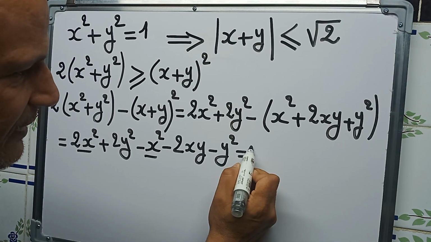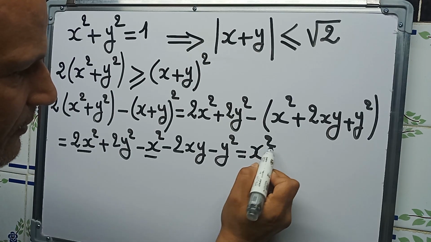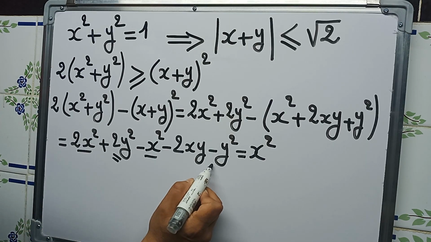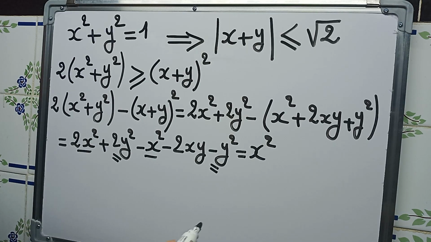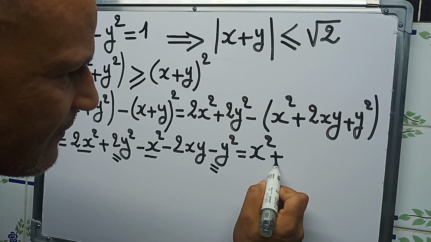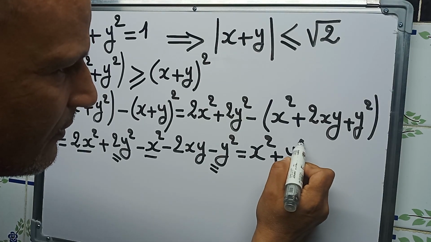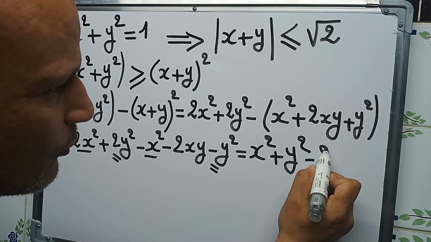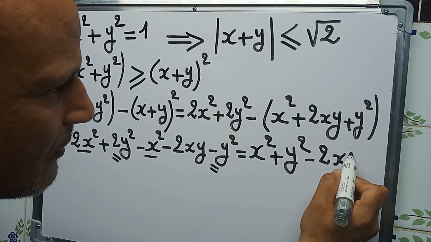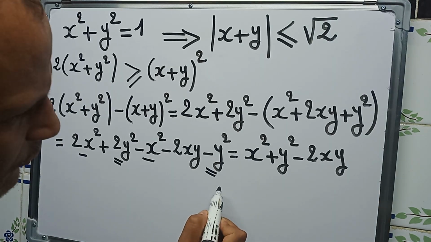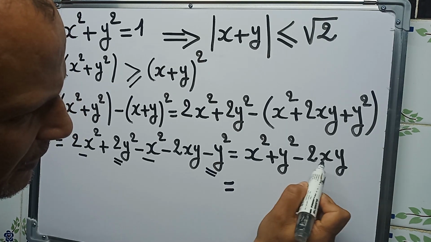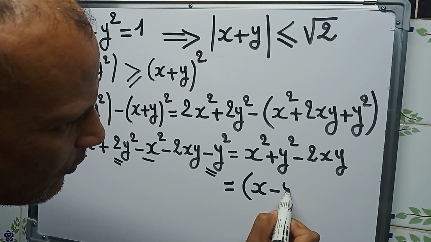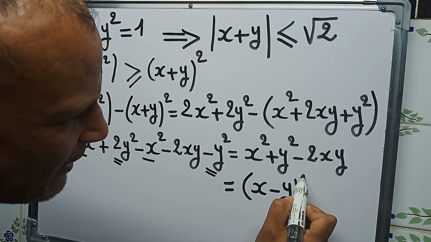Here we have 2x squared minus x squared. It's of course x squared. And here we have 2y squared minus y squared, which is of course plus y squared. And here we have minus 2xy, which is of course equal to, here the special product, (x minus y) squared.